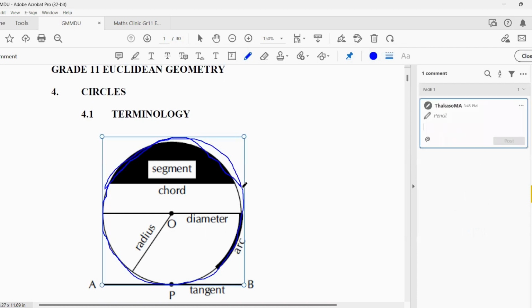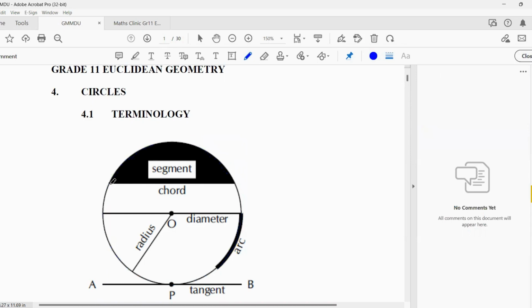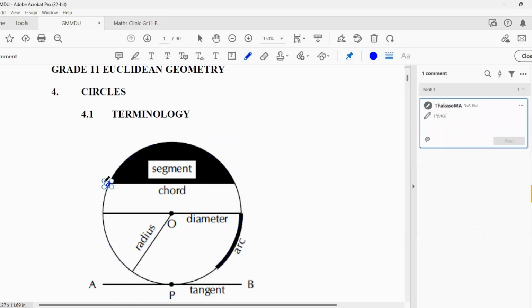That is a circumference. Let's say that this point of the circumference was point C, and this point was point D. If you draw a line from one end of the circumference to the other end, we refer to that line as a chord.